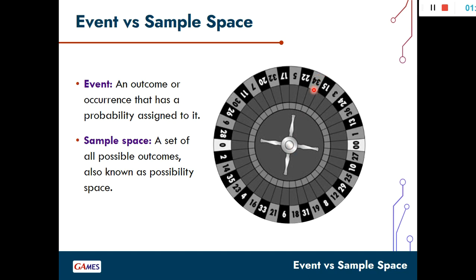What are they? The outcome and the probability. Yes, the outcome itself and the probability. Each of those events will be dealing with those two things. So what's the total number of possible events that we can have on this roulette wheel?